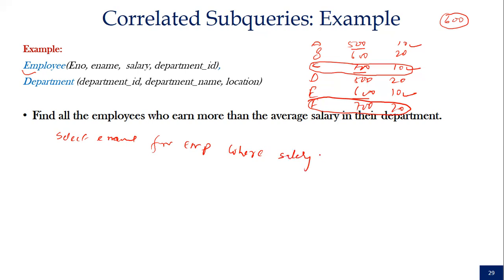Salary greater than select average salary, comma department ID. I think the department ID is already given in the employee table.